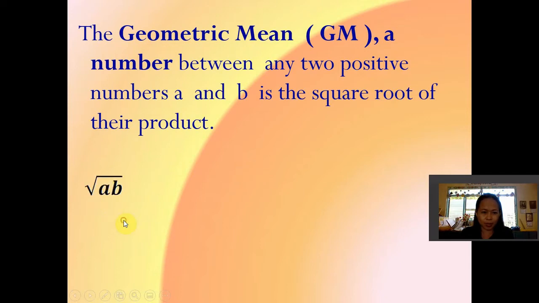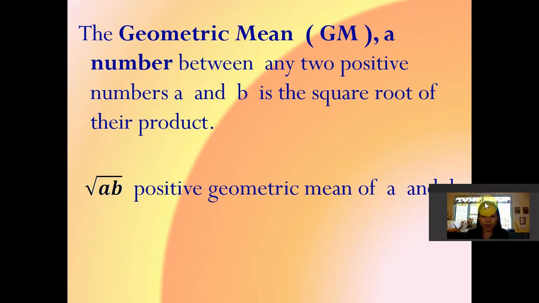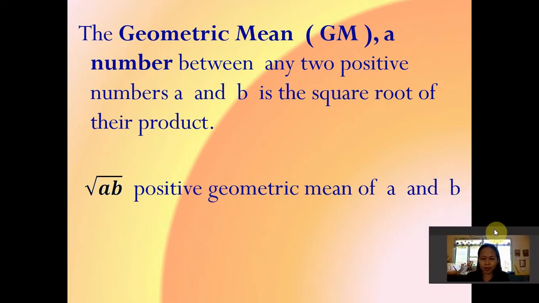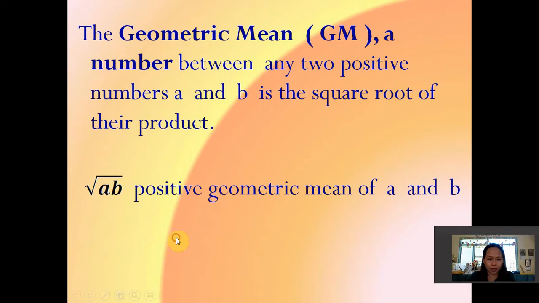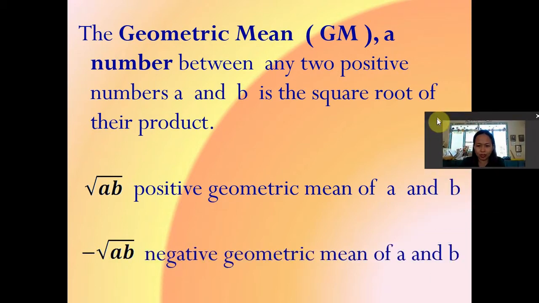We have here the square root of AB, which is how to determine the positive geometric mean of two non-consecutive numbers. Or if we are asked to determine the negative geometric mean, we will have the negative square root of A times B.